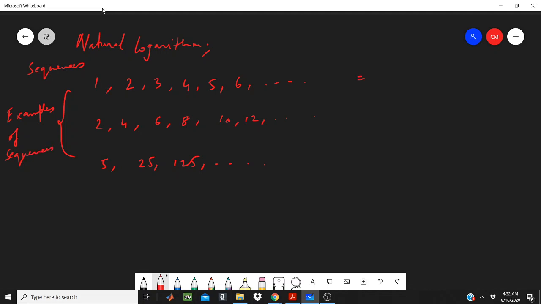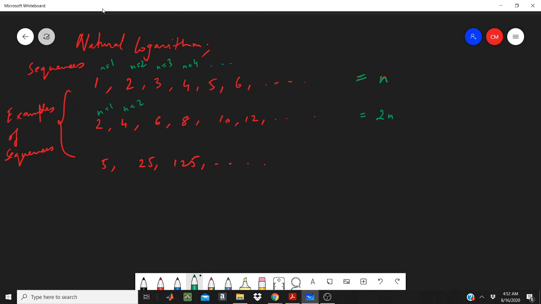This sequence can be written as n, just simply n, where over here n equals 1, n equals 2, n equals 3, n equals 4, and so on. This sequence here can be written as 2n. Over here n equals 1, n equals 2.